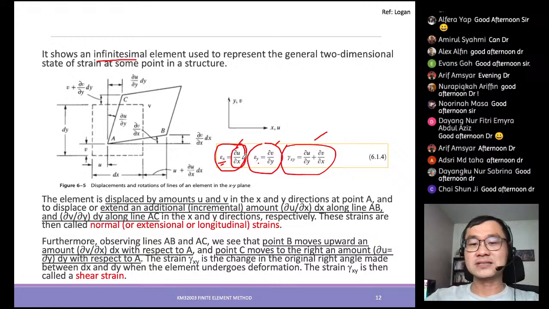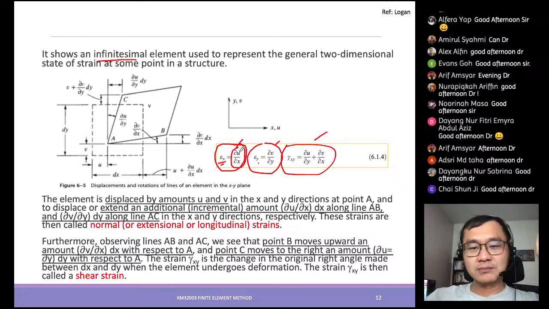There is a displacement du, the change with respect to the original length dx, along the x direction, that defines our strain.